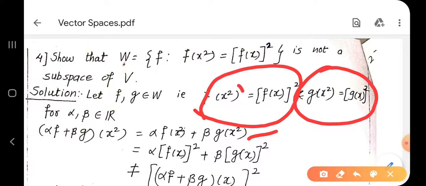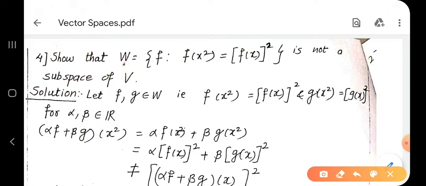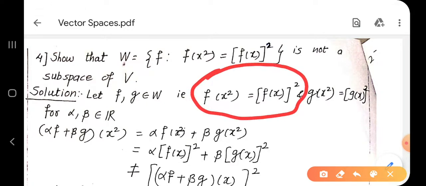But what is the value of f(x²)? The value of f(x²) is (f(x))², and the value of g(x²) is (g(x))². So α(f(x))² + β(g(x))².